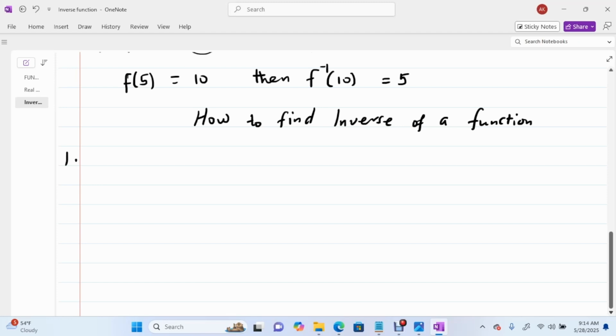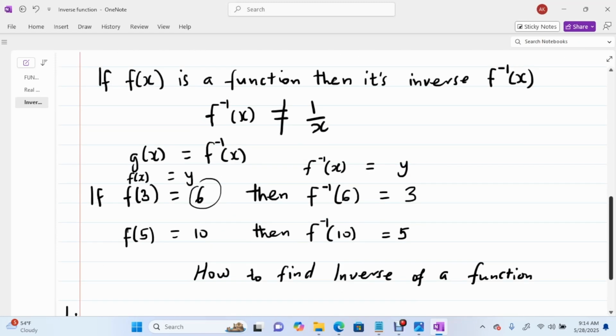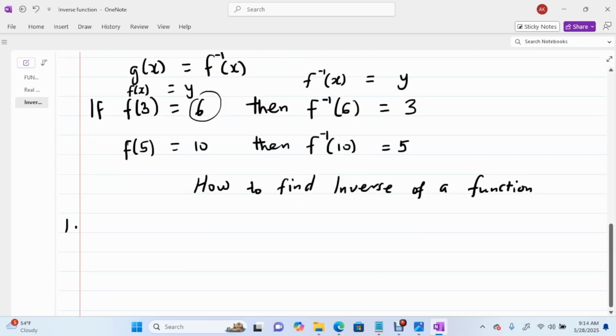The first step is, as you saw at the top here, let me bring it down. The first thing that we do is this y, which was a 6, changes to be an x. Look here. The y becomes an x.